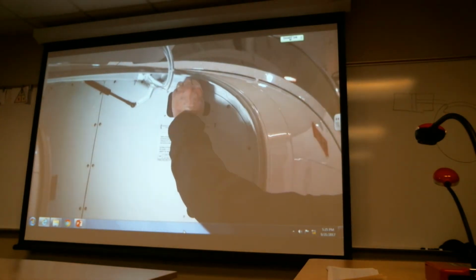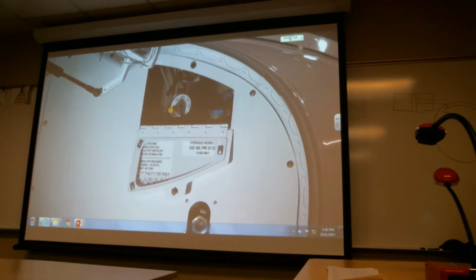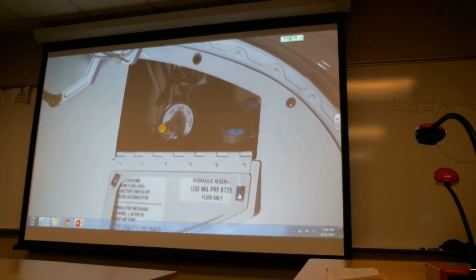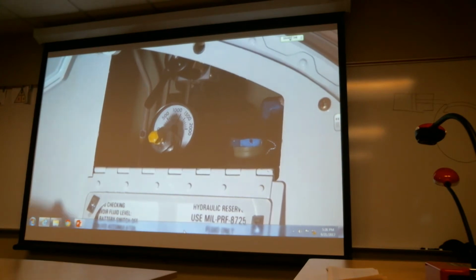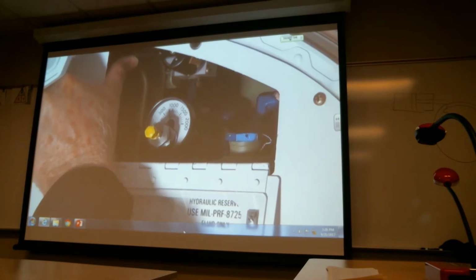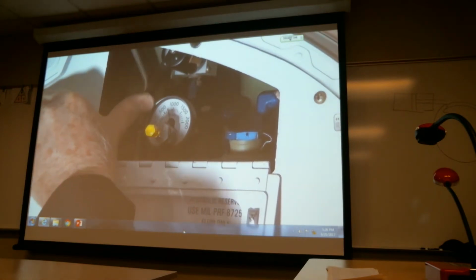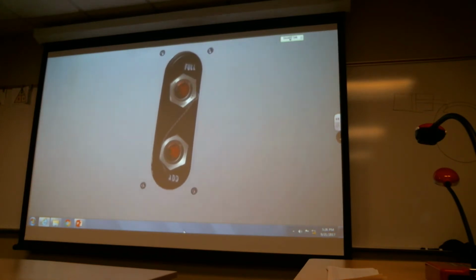To ensure an accurate fluid level check, the hydraulic accumulator pressure must first be bled off using the manual bleed valve located behind the hinged access panel and above the accumulator pressure gauge. After releasing hydraulic accumulator gas pressure, the actual fluid level can be determined. Refer to Chapter 12, Servicing of the Model 510 Maintenance Manual for procedures to service the hydraulic reservoir fluid and hydraulic accumulator pneumatic pressure.